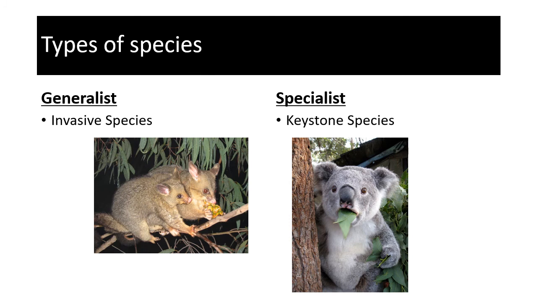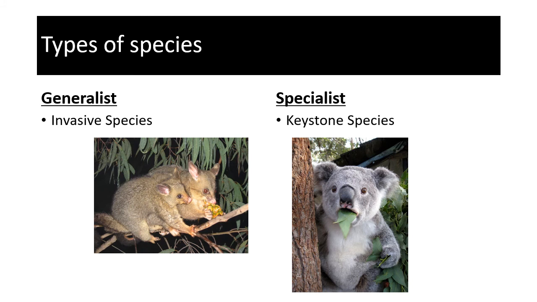The reason for this is a generalist can survive in many different areas, reproduce in many areas, and that's what makes them invasive. So if you take a generalist and you place them somewhere else, you can get an invasive species, because invasive species can survive and reproduce and outcompete native species.